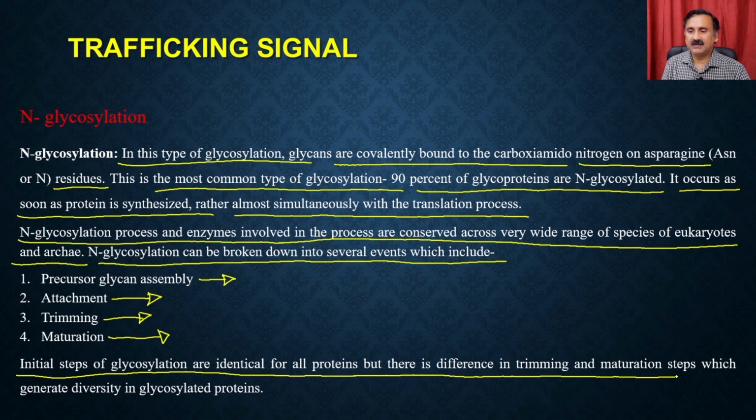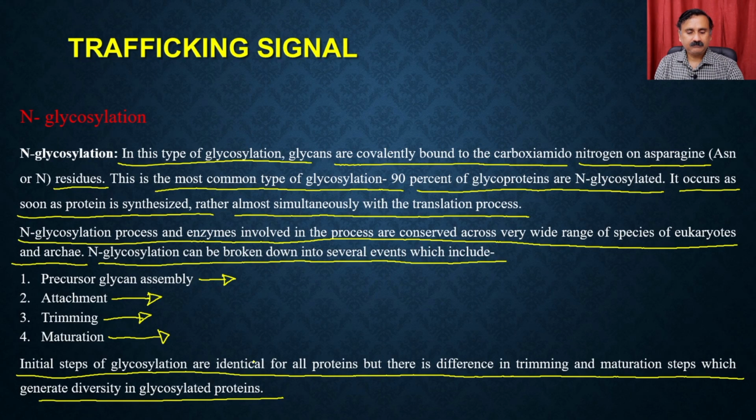There is a difference in the trimming and maturation steps, which generates the diversity in the glycosylated proteins. This means all these steps are performed for the different types of N-linked glycosylated proteins, except that in the final stage the trimming and maturation are different, and because of that it generates different types of trafficking signals.